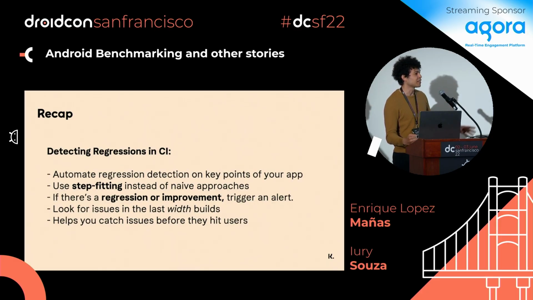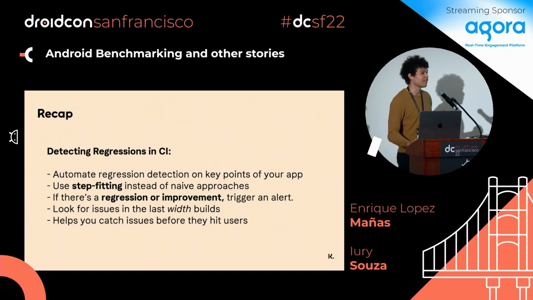So you just have it set up in a way that if something happens, and this is critical, you're going to want to have an alert fired. You're going to have an alert fired whether it's a regression or an improvement.